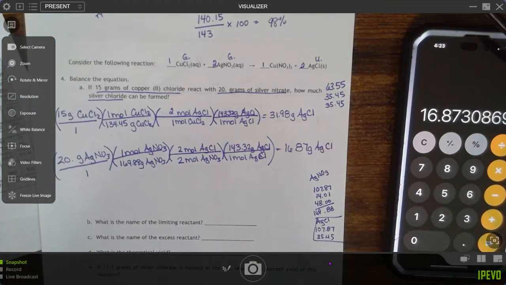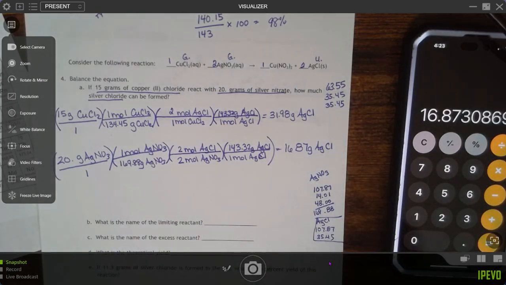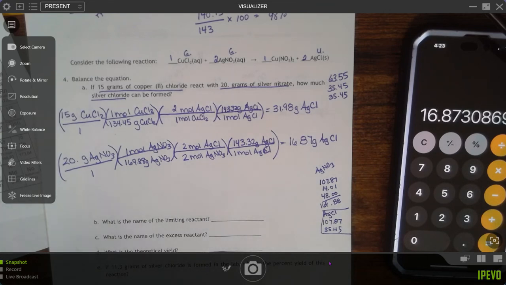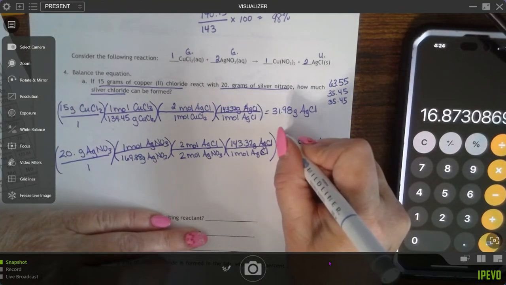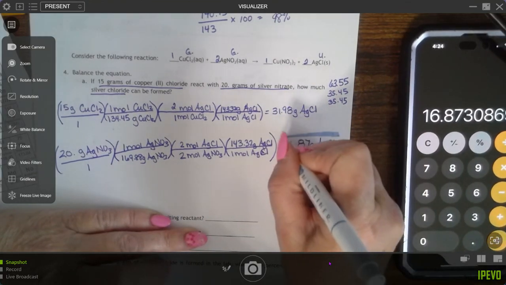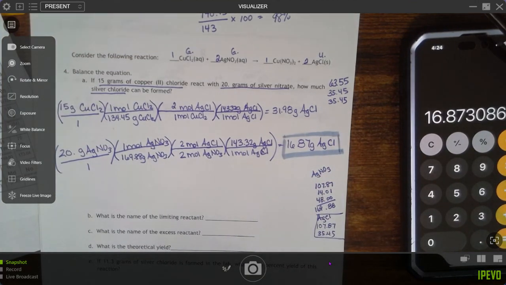Okay, so once again, when we end up with our 2 numbers, what we have to do is look at the smallest number. The smallest number is 16.87. That's going to be my theoretical yield.